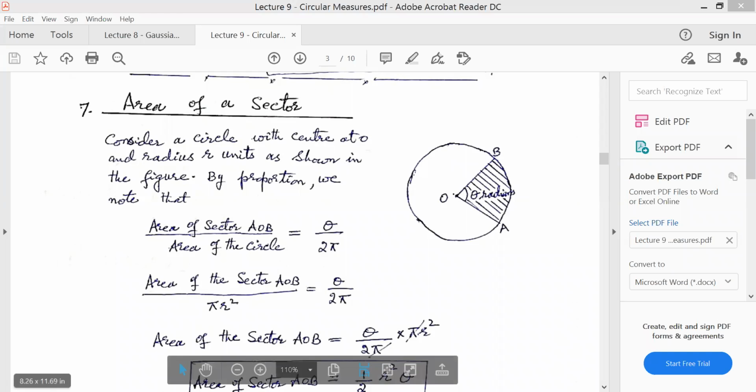Area of a circle, you know, is pi r square, if r is the radius of the circle. So equal to theta over 2 pi. Cross multiply. Theta by 2 pi, and this will be multiplied on the right side: pi r square. Cancel pi. So it will become half r square theta.